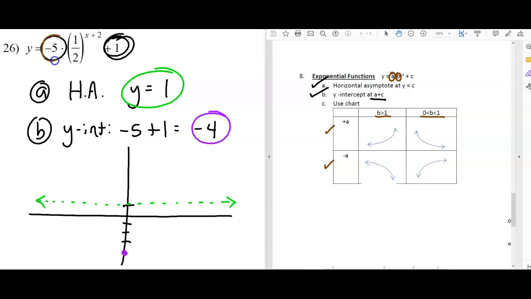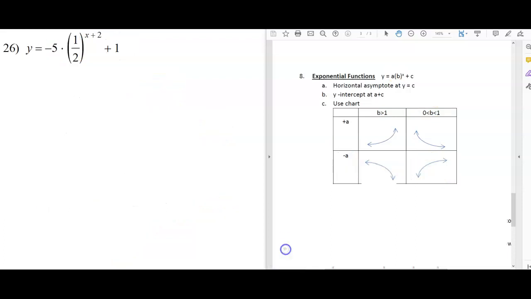My a value is negative, and my b value is between 0 and 1, and therefore I'll be using this kind of shape. So it's going to be flat against the asymptote here, and come down, swing, and hit that point, and that's that. Okay? So that's how we graph exponential functions.